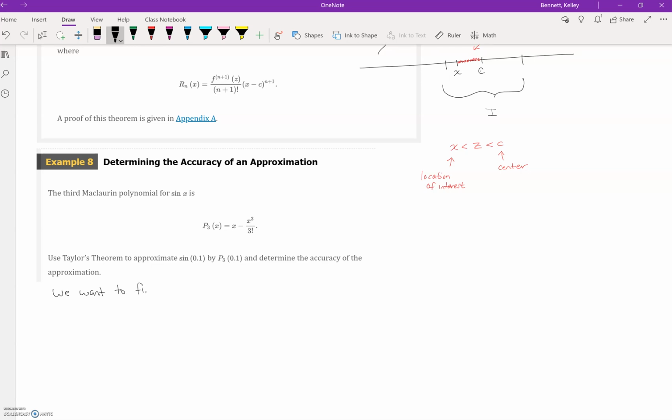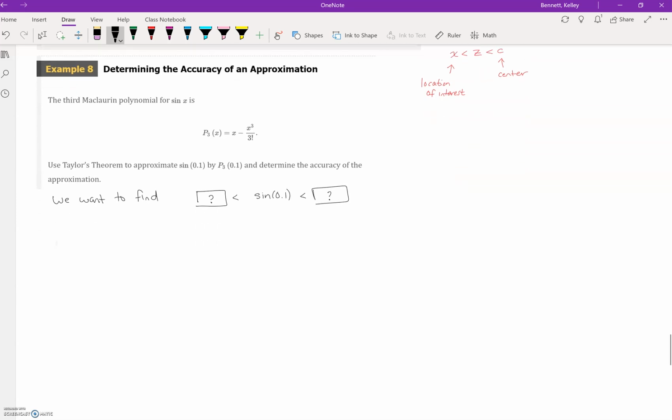We want to find two numbers that we know are going to be below and above sine of 0.1. So those are the two things that we're after. The way that we're going to do that is through a Maclaurin polynomial. So let's save ourselves the trouble of working out the third degree Maclaurin polynomial for sine of x. It's already given here.